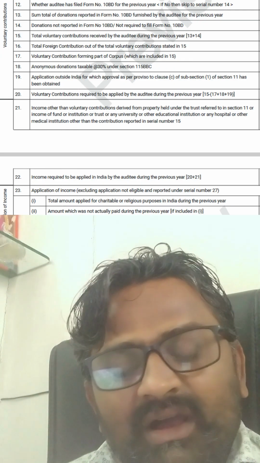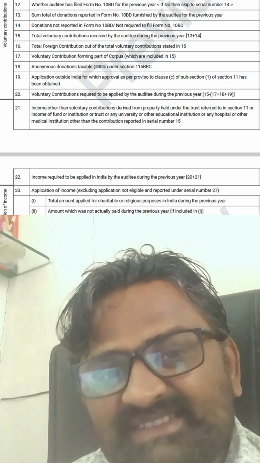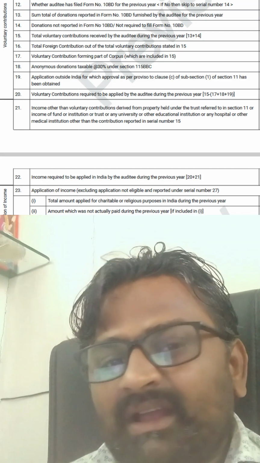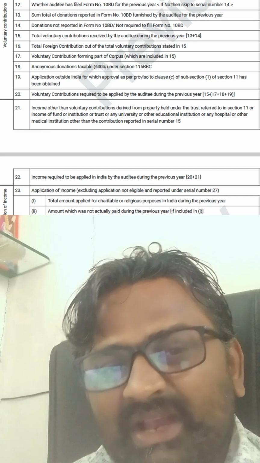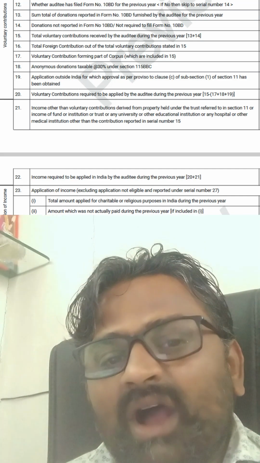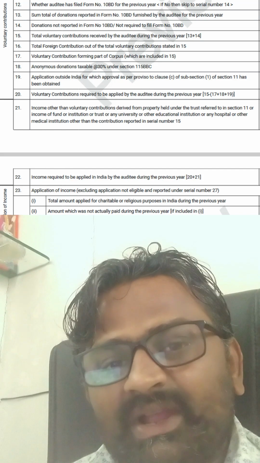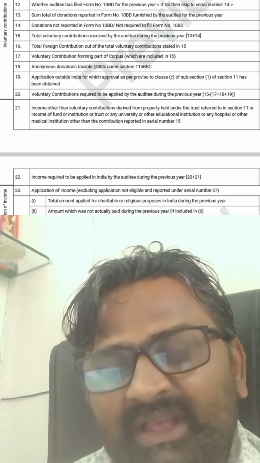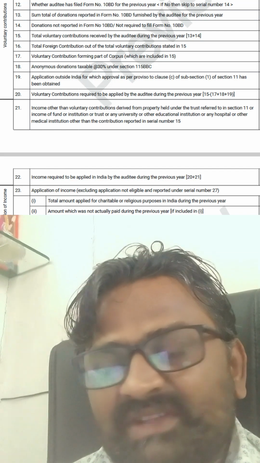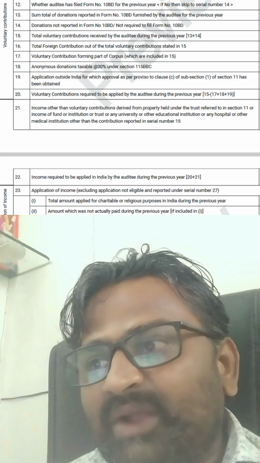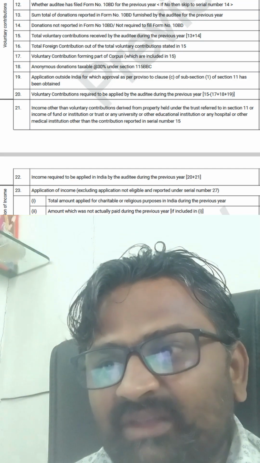If the trust is not registered under 80G, there is no requirement to file 10BD. If it is not required to file 10BD, you are still supposed to disclose the donation part, the voluntary contribution received by the auditee during the financial year.